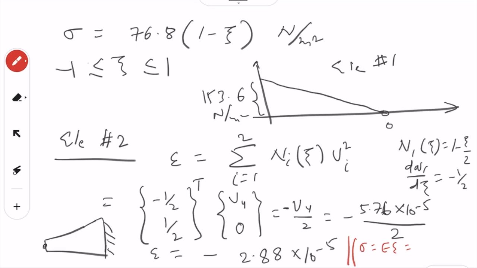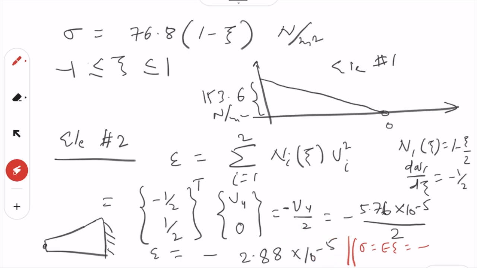So we get minus 57. So here 10 to power minus 5 and 10 to power 7, if you multiply, you get 100 out of it. So you have 100 here.